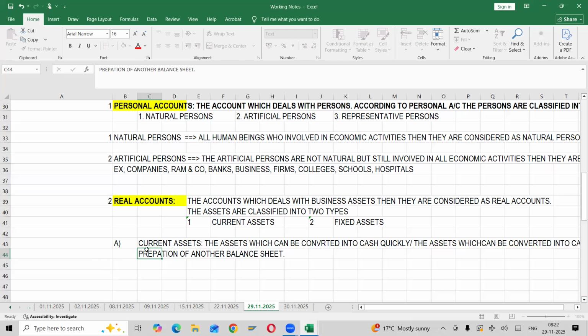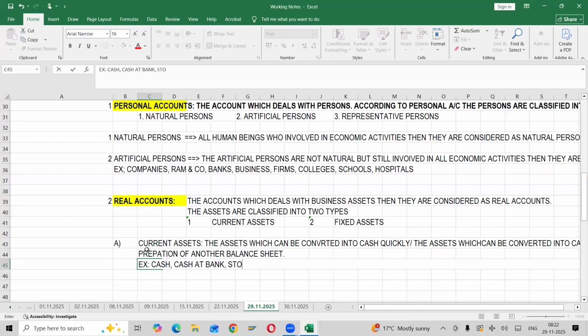For example, cash, already it is liquid. Next one, cash at the bank, not fixed deposit. I have an amount in my bank, so I can withdraw at any point of time. We can convert it into cash quickly.